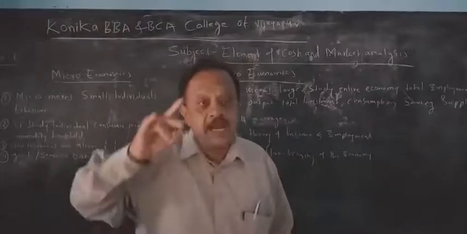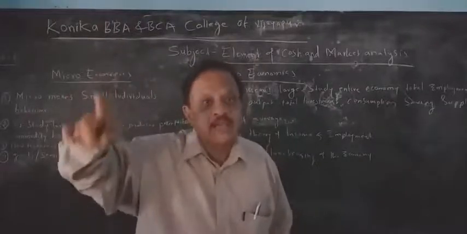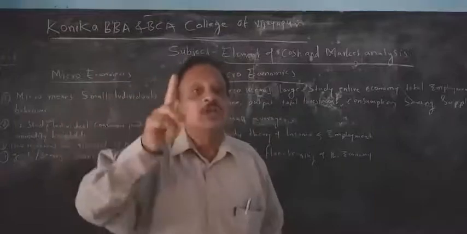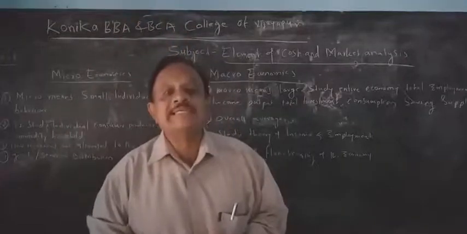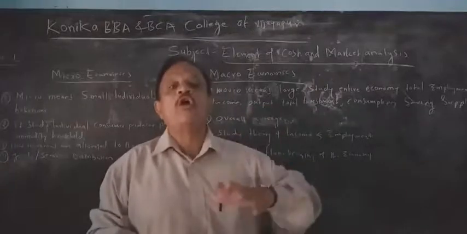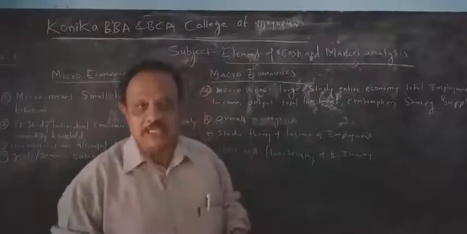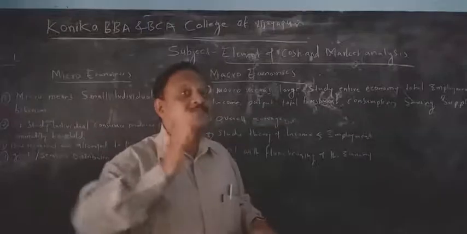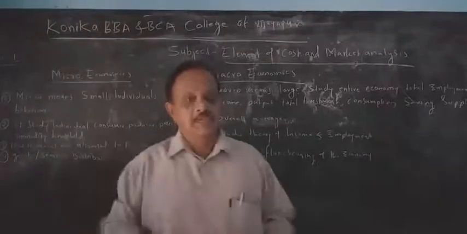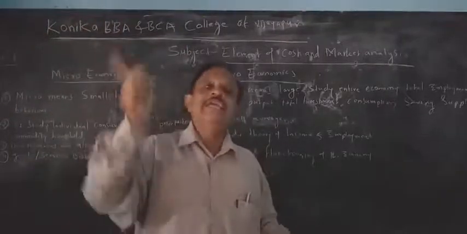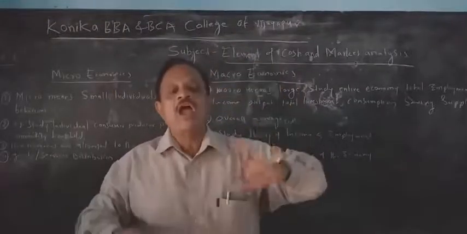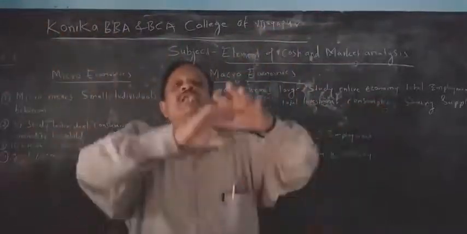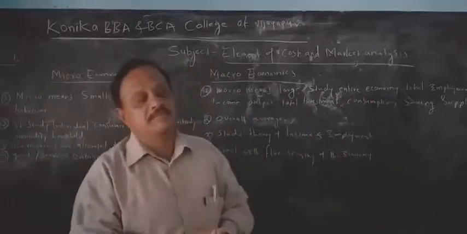So we have to study the whole and entirety, not individually. That is called a macro study or macroeconomics. Macro is studied externally; in micro we study internally. Here we study externally, entirely and at large.